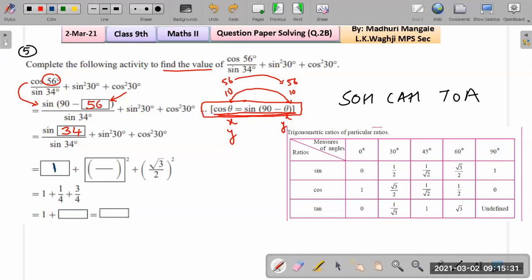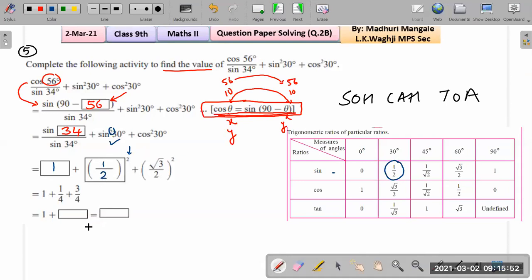So 1 goes in the next box. The answer over here is 1. Then the next one, sine square 30. The square is placed out of the box and we have to write sine of 30. Students, what is sine of 30? That's half. So we write half over here.